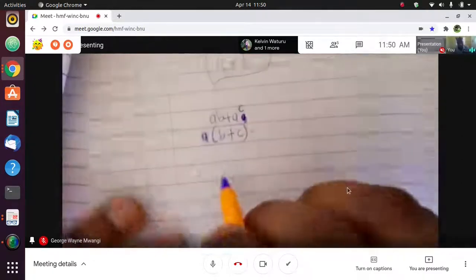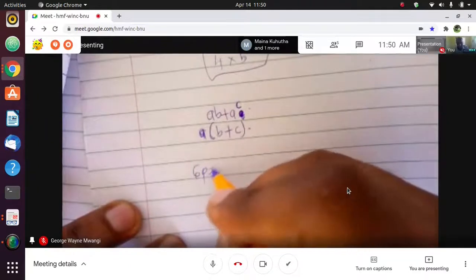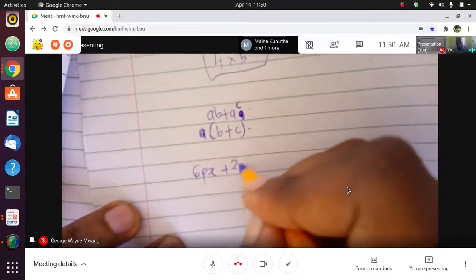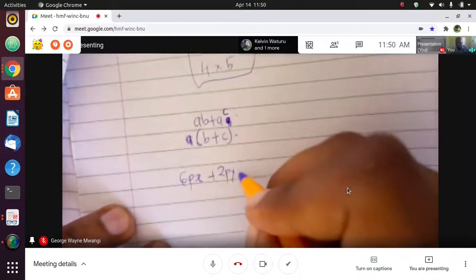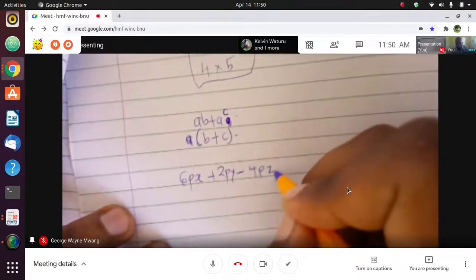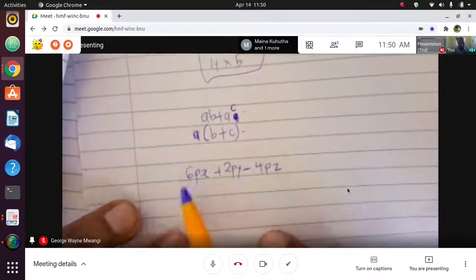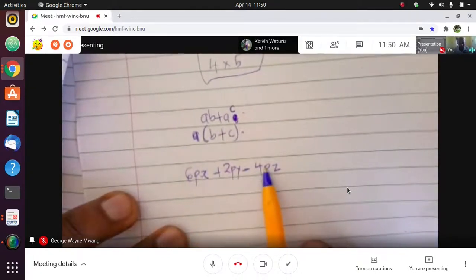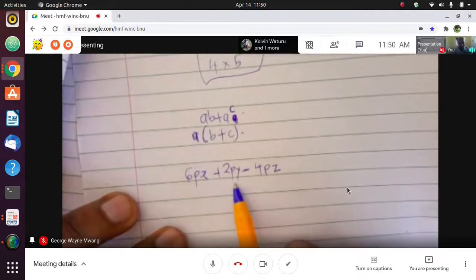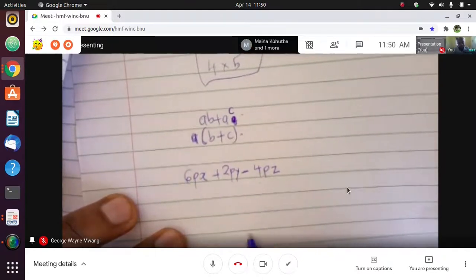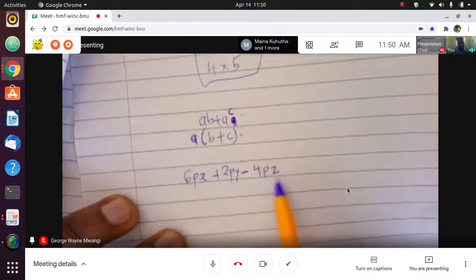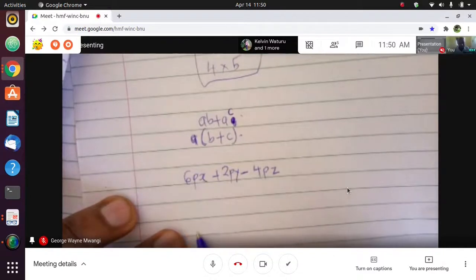Another example ni kama hii hapa, 6px plus 2py minus 4pz, and you're told to factorize, ama you're told to introduce brackets. What do we do? We look at these three values, 6px, 2py, minus 4pz, and we see which common factors are present in these values.